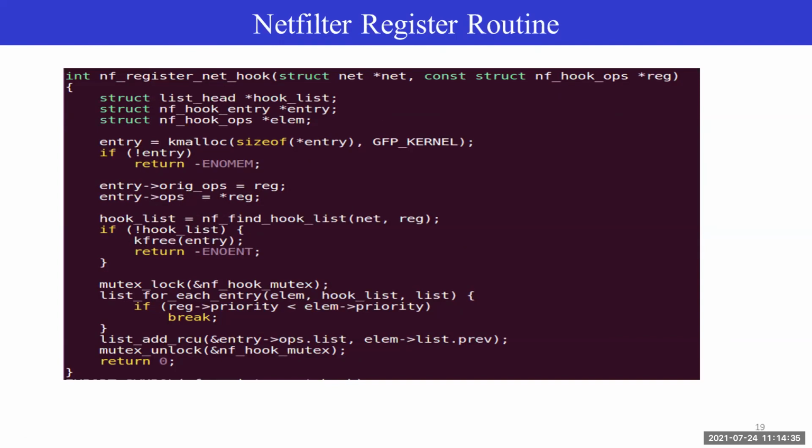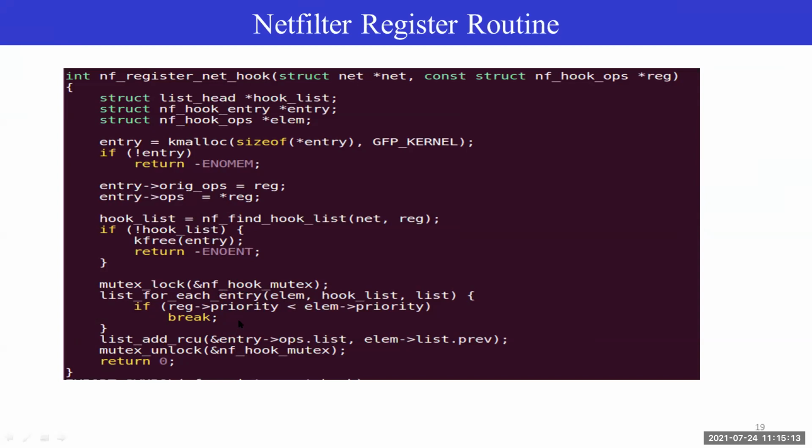Now, the hook list is typically a critical section area, because on one side you are adding your callback routines, and for received packets or outgoing packets the same hook list is being accessed. So this has to be done in a critical section. For that, they take the mutex lock and then traverse the hook list.